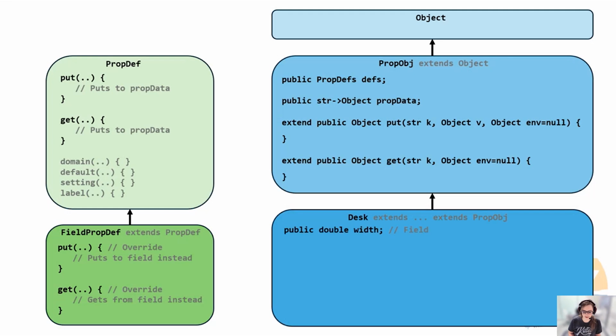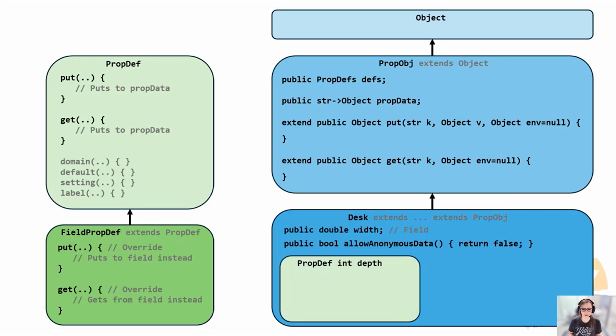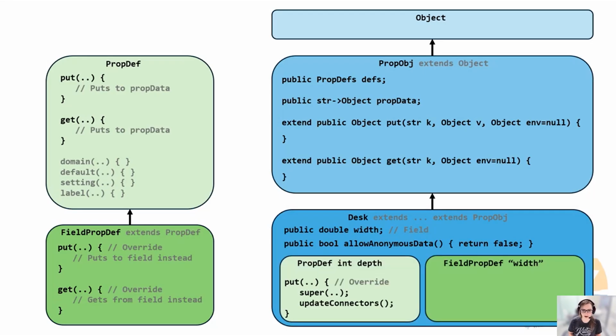In my example here, I have a desk class. I've given it a width field. As we start, I'm going to say we're not going to allow anonymous data. That function is defined on prop data, and I'm going to say return false. We're not going to allow that at first. And I'm going to put two PropDefs on here. The first one will be a PropDef that is not a field PropDef, just a regular PropDef.